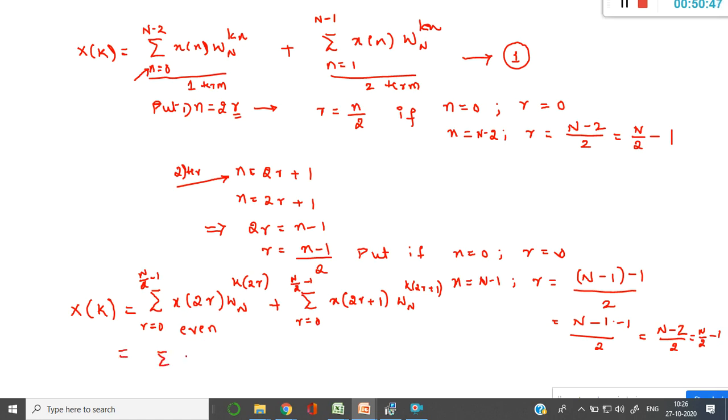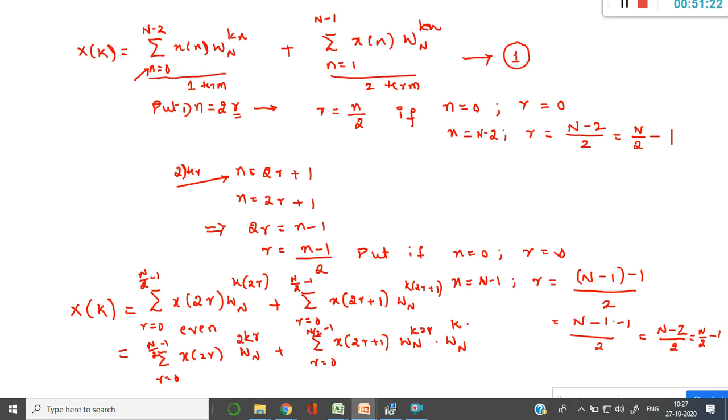This is nothing but the summation of x of 2r W_N^{2kr}, where r runs from 0 to n by 2 minus 1, plus x of 2r plus 1 W_N^{k(2r+1)}, r equal to 0 to n by 2 minus 1.